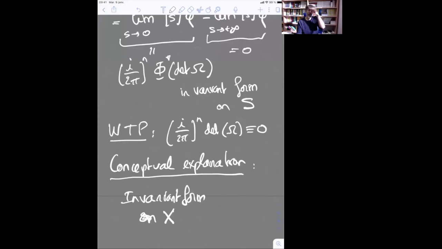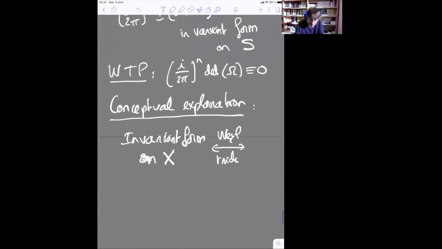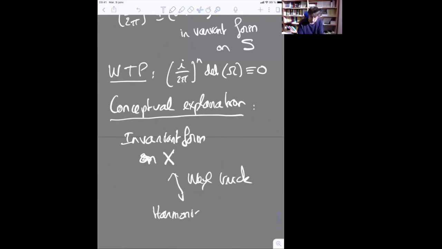That invariant form on the symmetric space X corresponds by the so-called Weil trick to a harmonic invariant form on the dual compact space.